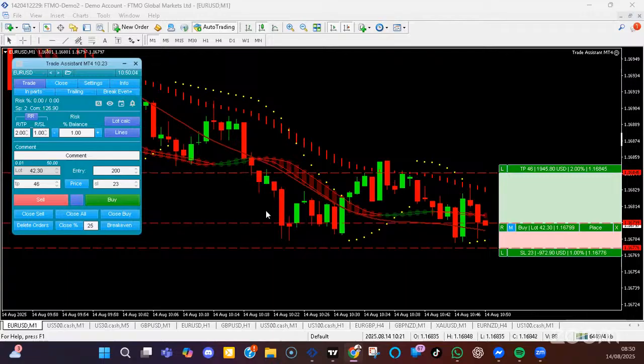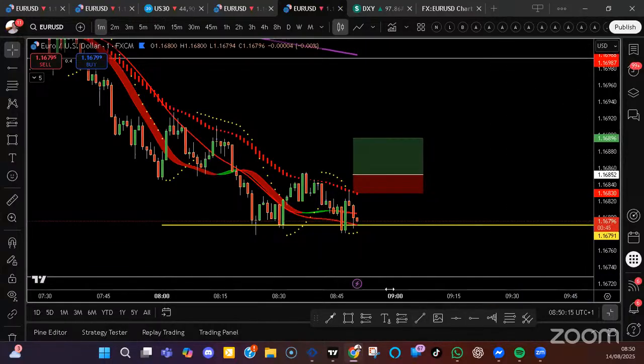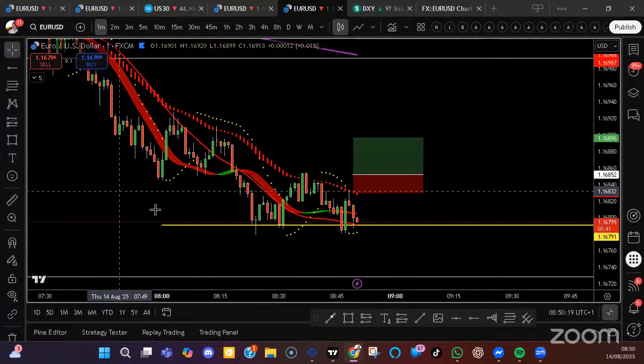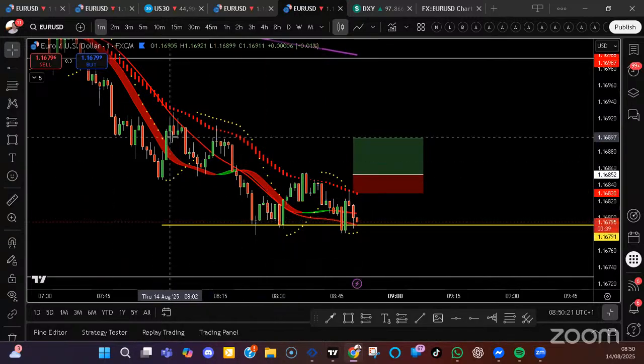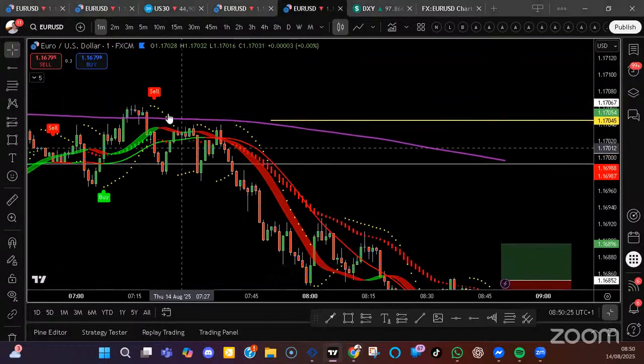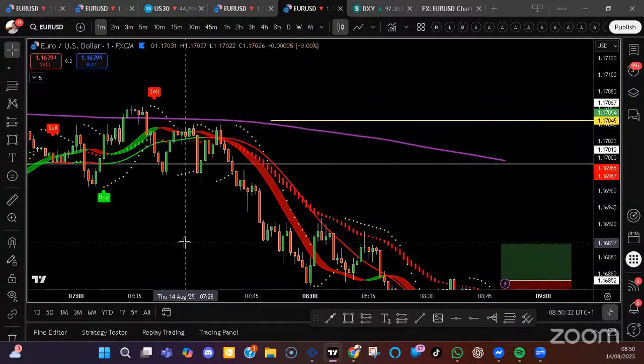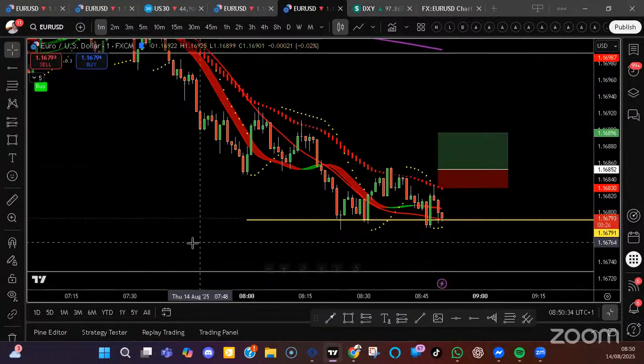The Academy 55 strategy is designed for newbies and intermediates alike, making it really, really easy. You look for a red wave, red trend, red seller, red trend, red wave, parallels are above, down we go.